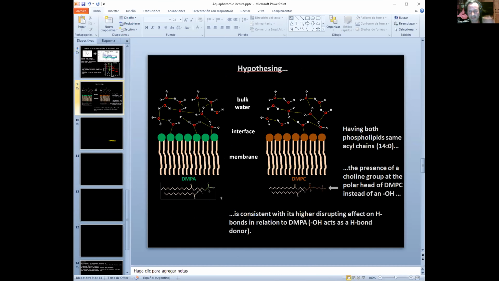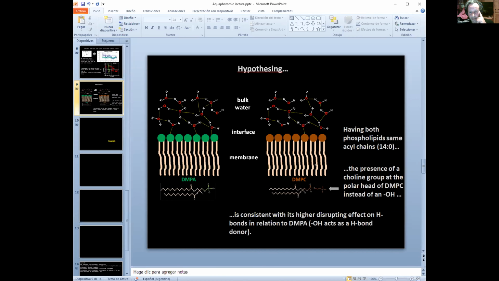Let's see this, and this is what we think about what is happening behind these experiments. In pure water, we have the water with 1, 2, 3 or no hydrogen bonds, and as we are incorporating lipids, some of that water cannot make so many hydrogen bonds, especially in this lipid, DMPC, which has this polar head, which lacks a hydrogen, like the DMPA has.